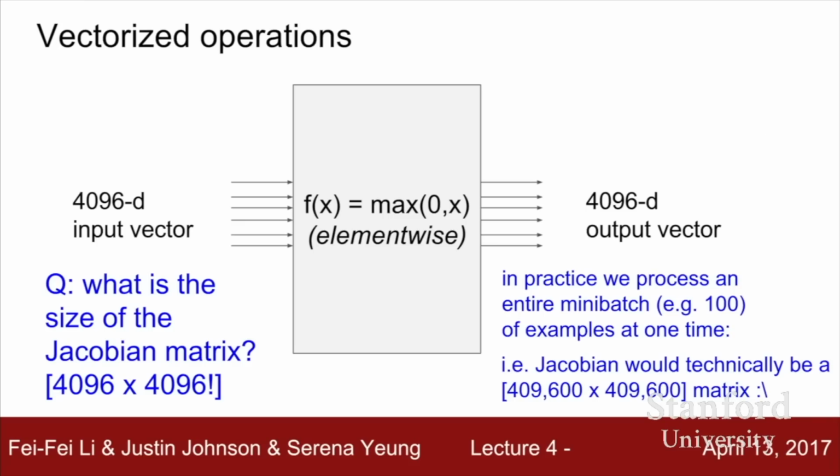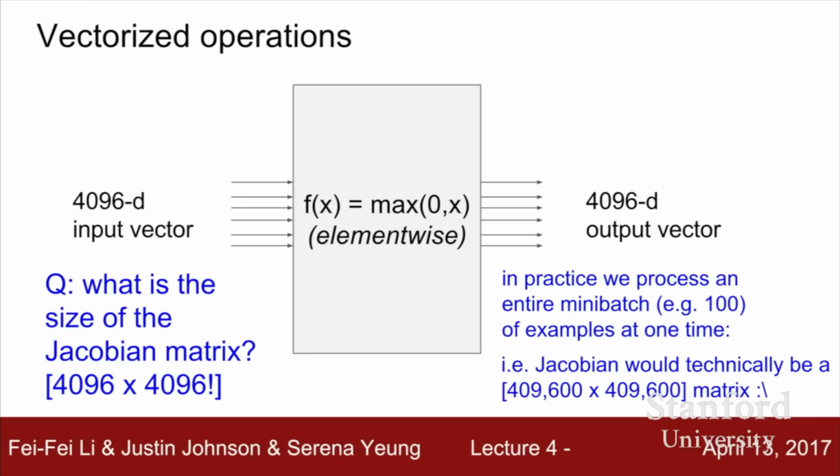In practice, it's going to be even larger because we work with mini batches of, for example, 100 inputs at the same time, and we put all of these through our node at the same time to be more efficient. This scales it by 100, and in practice our Jacobian is actually going to turn out to be something like 409,000 by 409,000. So this is really huge and basically completely impractical to work with.